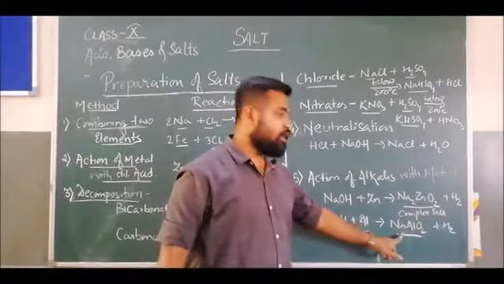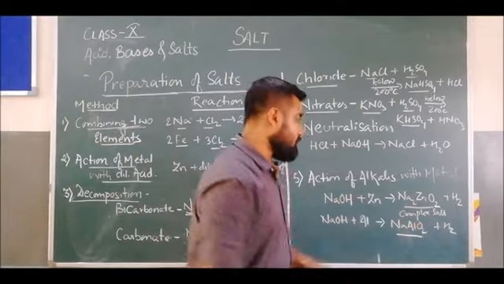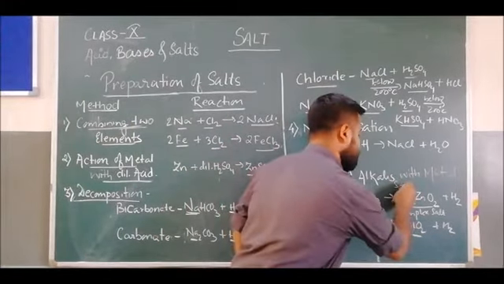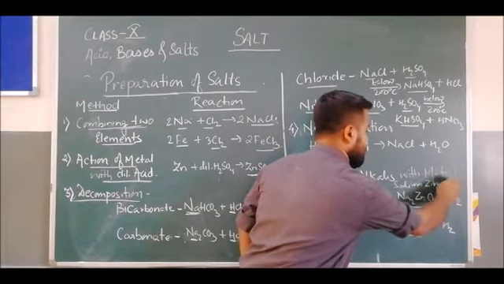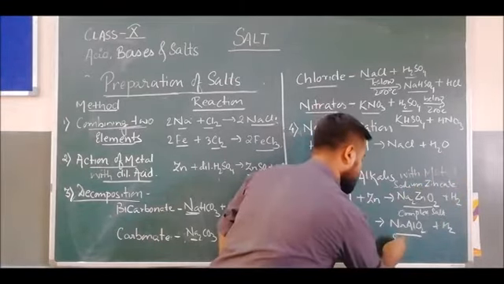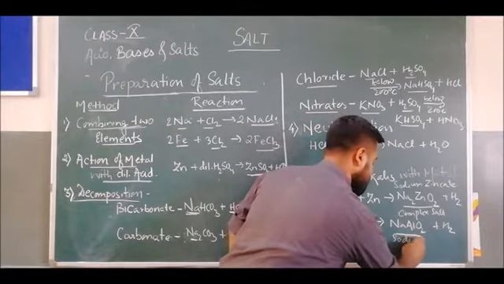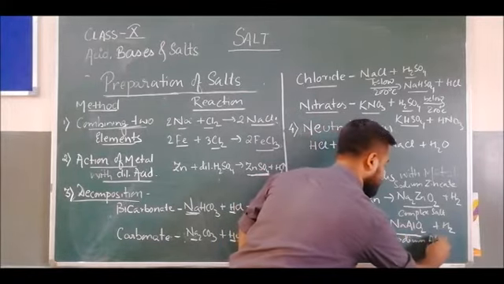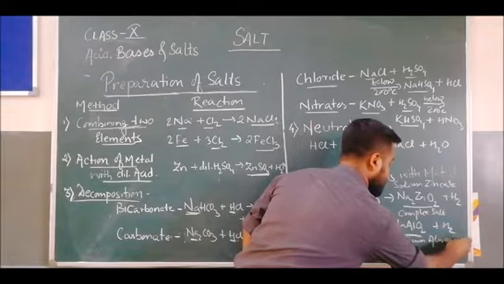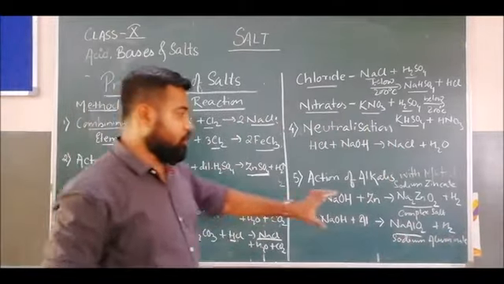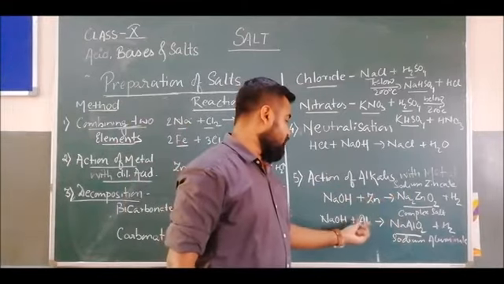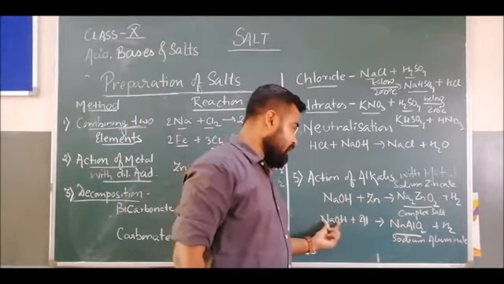And the other is called sodium zincate. Clear? So here we are getting two complex salts by treating the metal with the alkalis.